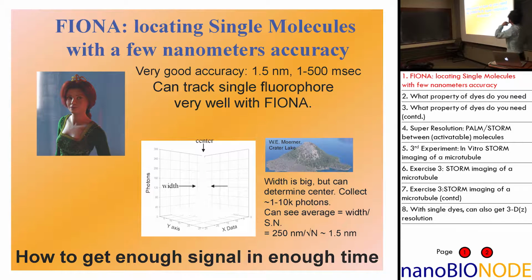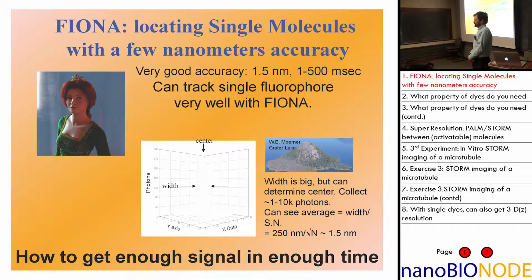What properties of dyes do you need for FIONA, that is, for super accuracy localization? We actually covered this last time, but this is just to get your mind going again. What is it about the properties of the dyes that makes them good? Photostability.